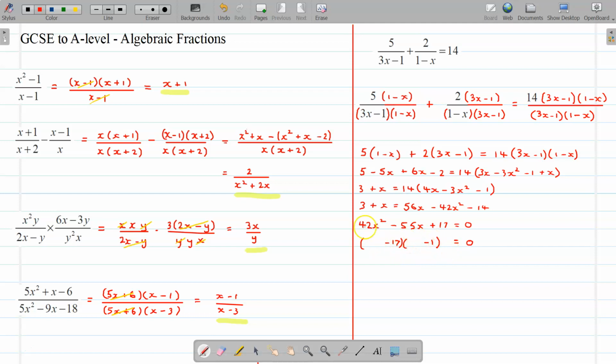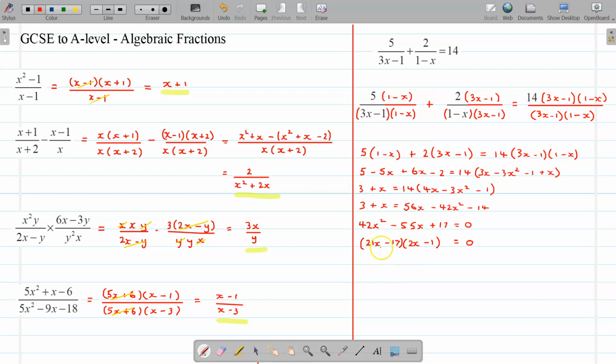The question is, what does the 42x squared come from? It could come from 6x and 7x, 14x and 3x, but in fact, to save a bit of time and a bit of inspection, it will show that it's 21x and 2x. Okay, and if you multiplied that bracket out, you would find that you would indeed get that quadratic equation there, which gives you the solutions.